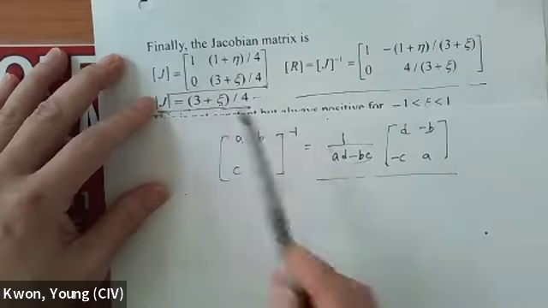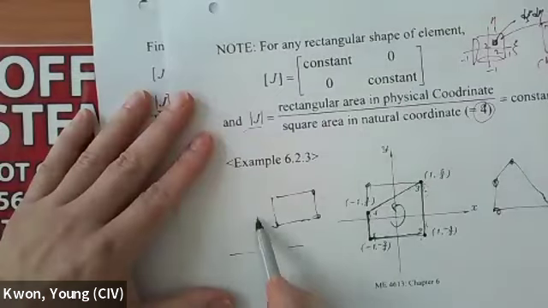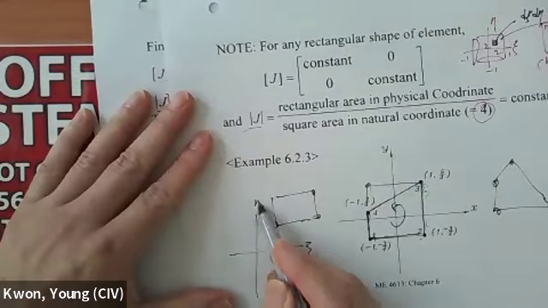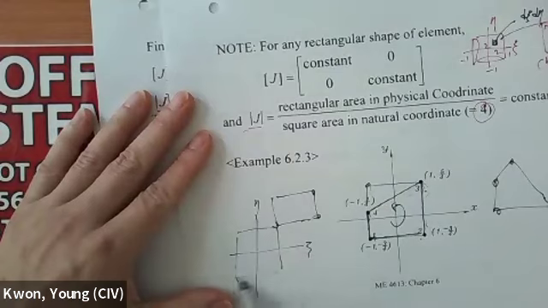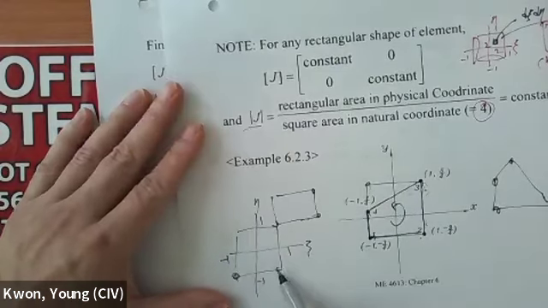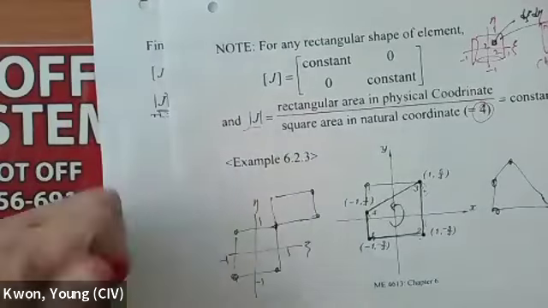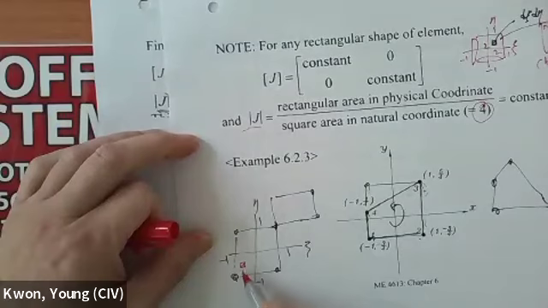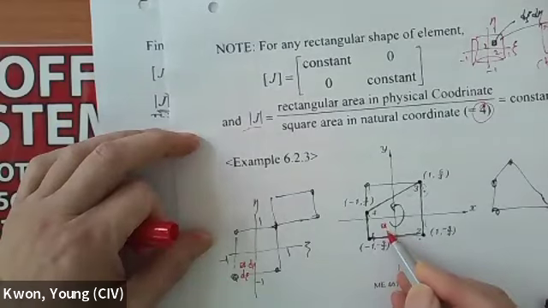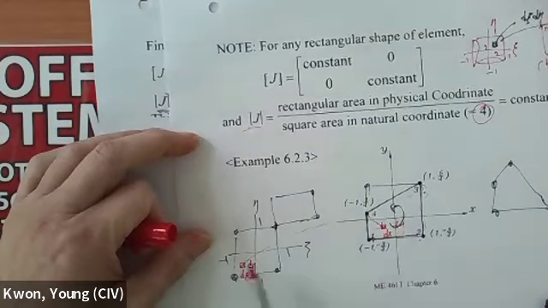In other words, the mapping from the nice C and eta coordinate system, where the elements are negative 1 to 1, negative 1 to 1, to the x and y, is not uniform.